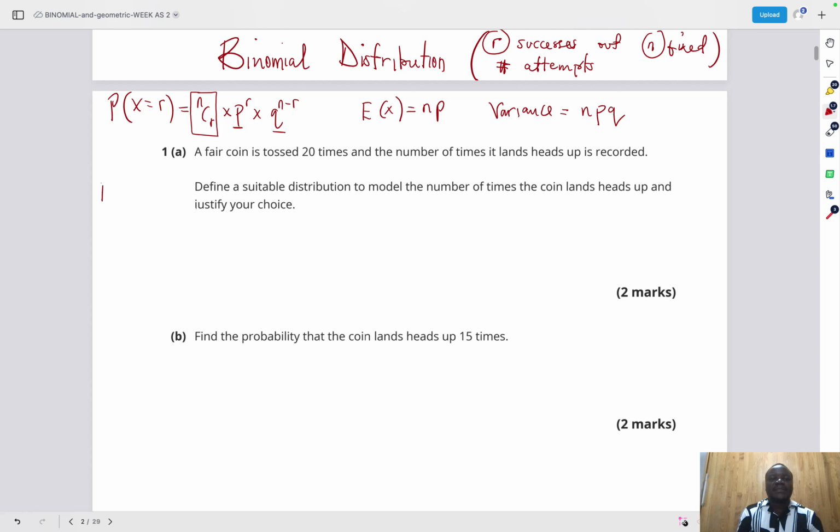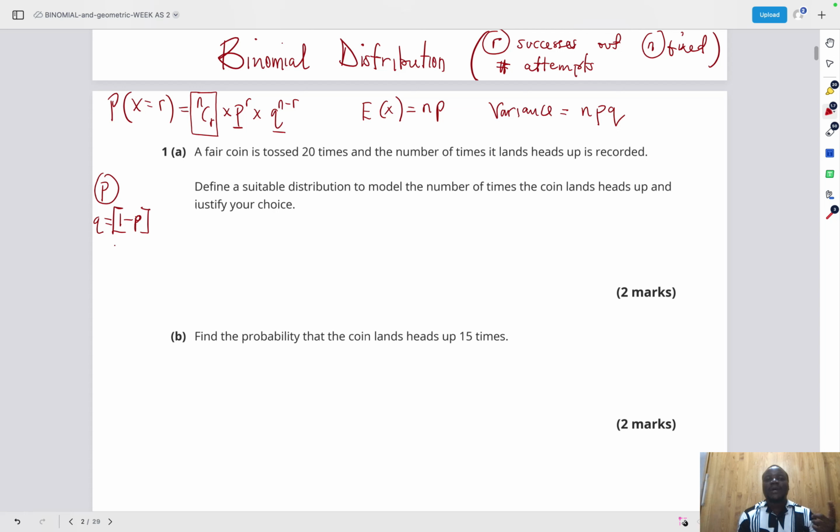If P is success, then failure should be 1 minus P, because remember, all probabilities add up to 1. So if the success probability is P, then the failure probability, which we call 1 minus P, will be represented by Q. In other books, they say 1 minus P, simply because we know that success and failure must all add up to 1.